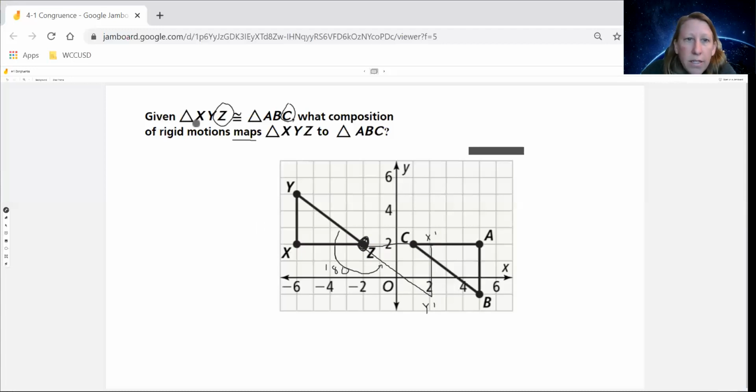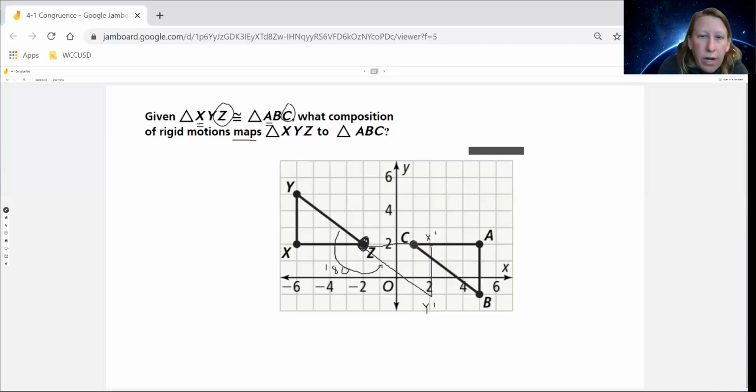And we want X when we're done to match up onto point A. So we spun it 180 degrees. Are there other ways to do this? Yes. Is this one way to do it? Yes. And then I still need point Z to land on C, so it still needs to go 1, 2, 3 to the right.